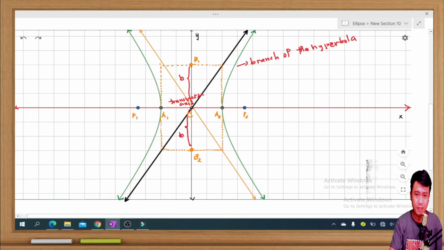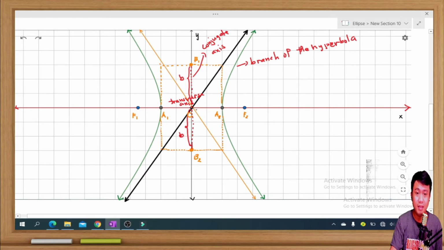So, ang tawag natin dito sa ating line segment na ito, joining those points B1 and B2, tawag natin dyan, conjugate axis. Yan, conjugate axis.